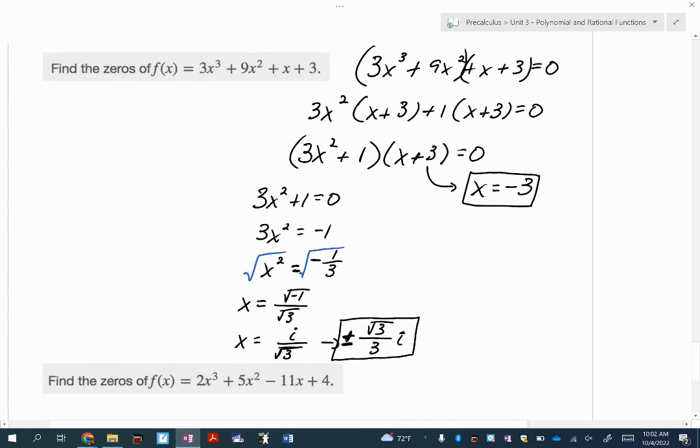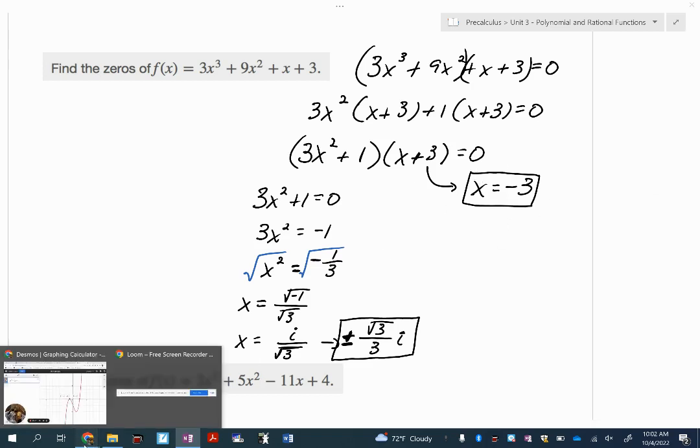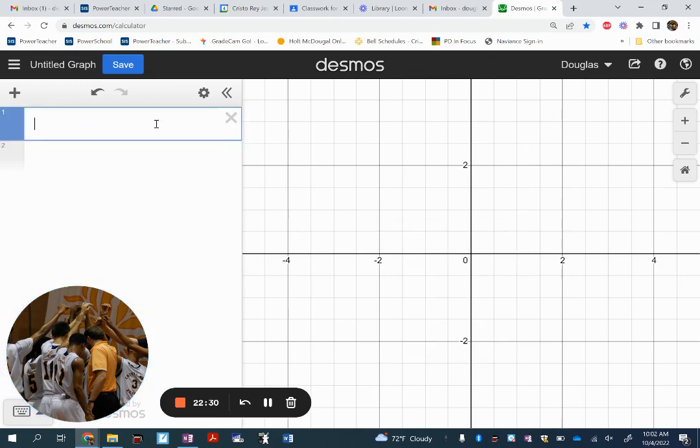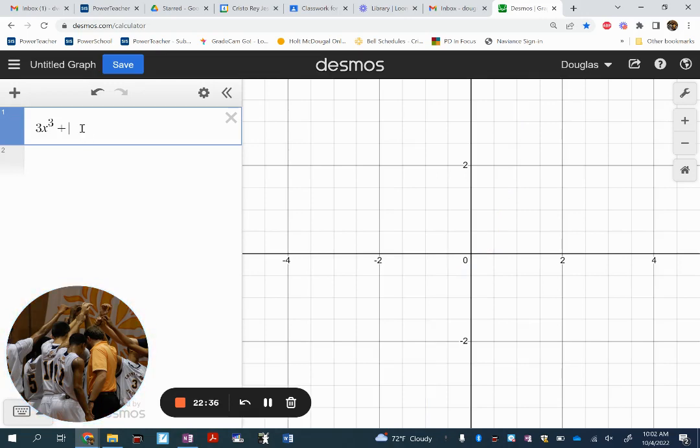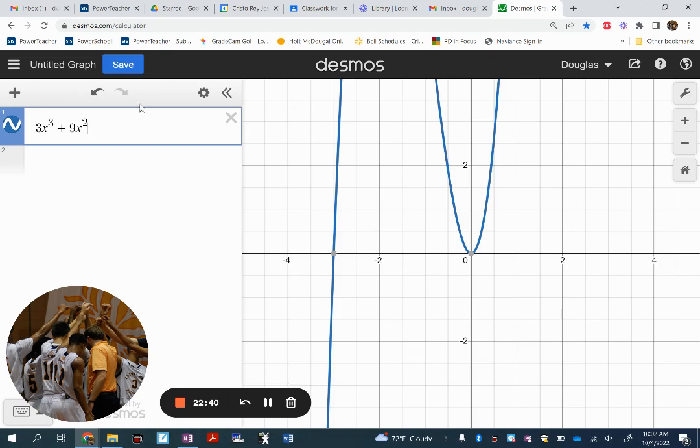If I were to go and find the graph of this, I'm not expecting to see 3 times crossing the x-axis because 2 of my solutions, 2 of my zeros, were complex numbers or imaginary numbers. So I should only see 1 where it crosses the x-axis at x equals -3. So 3x cubed plus 9x squared plus x plus 3.